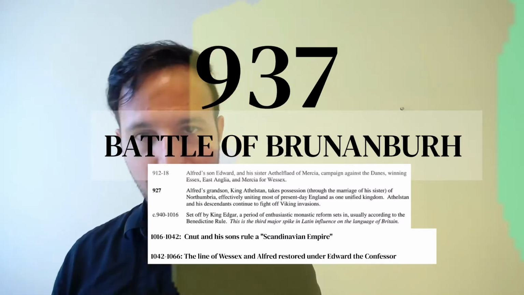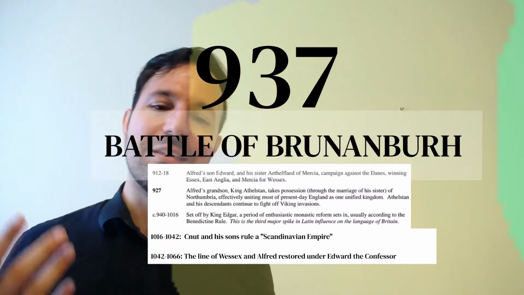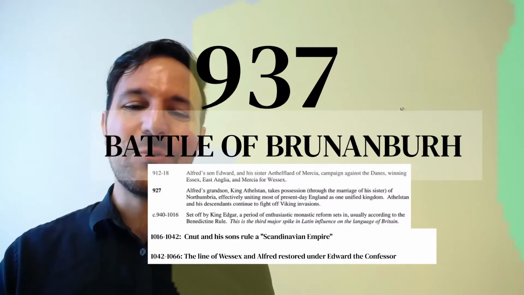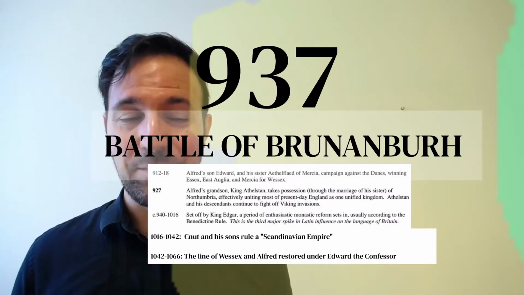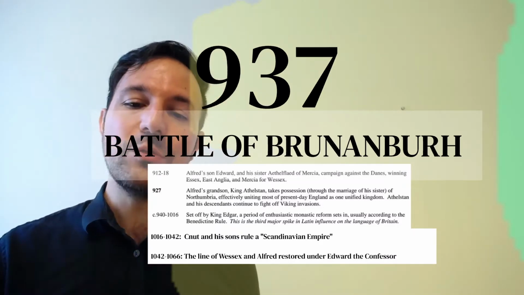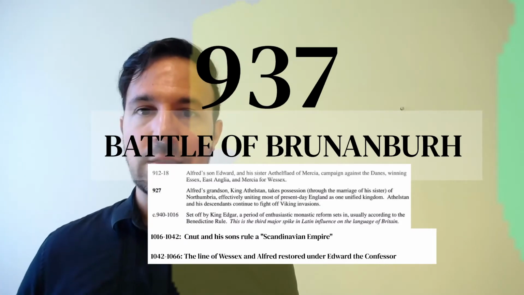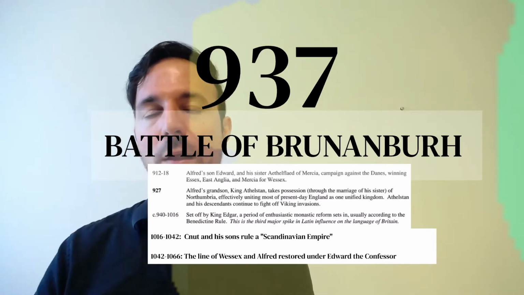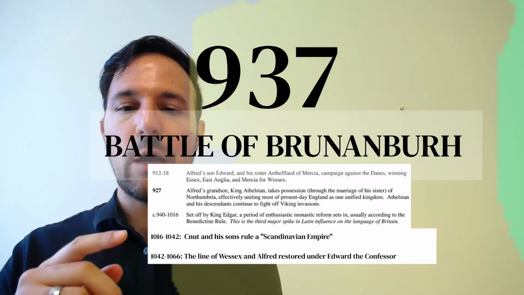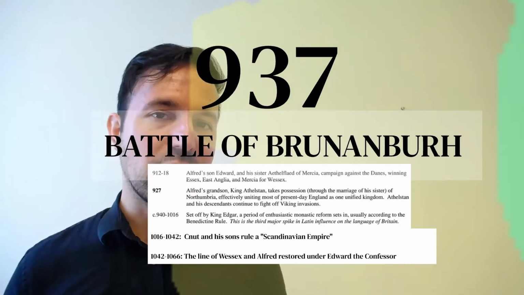Good for you, Edgar, but unfortunately, 1016 brings a new ascendancy of Scandinavians. It's at least unfortunate for Edgar. In fact, because of various political reasons and various military reasons, King Canute is able to take control of England, and King Canute becomes King of England as well as of Denmark, thus, according to Smith and Kim, as they put it, allowing Canute and his sons from 1016 to 1042 to rule a Scandinavian empire.